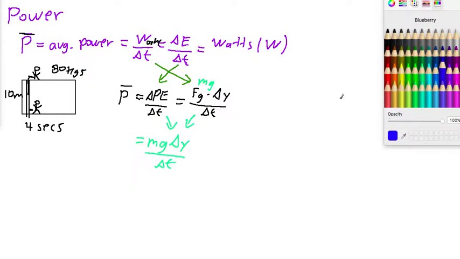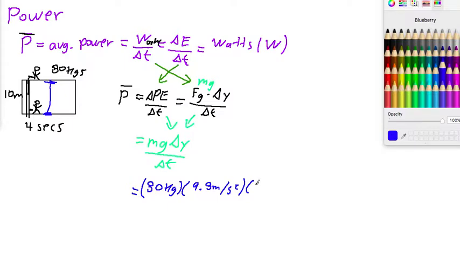All right, so now let's compute the numbers. What was the mass? Well, the mass was 80 kilograms, because that's the mass of the person or the object that is going up. What's gravity? Well, that's 9.8 meters per second squared. What is the change in height? Let's say you were at 0 and you went up 10 meters.